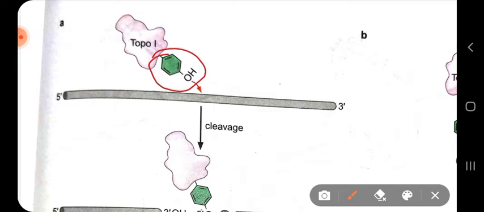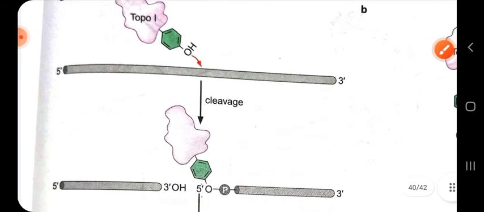DNA cleavage occurs when the tyrosine residue in the active site of this topoisomerase attacks the backbone of the DNA.